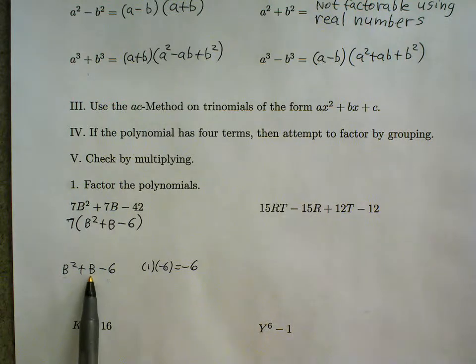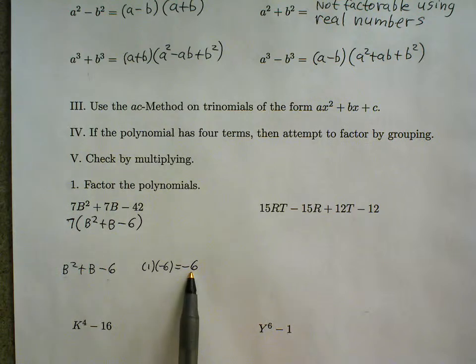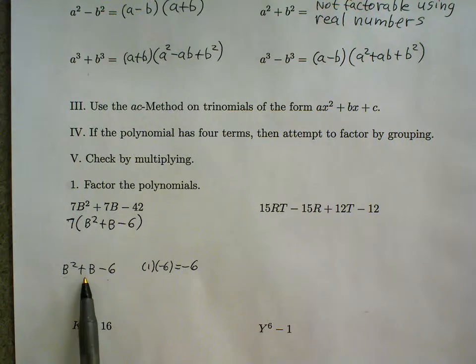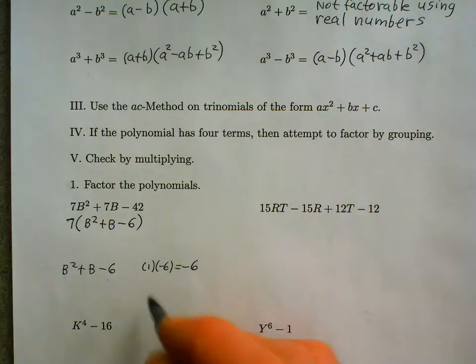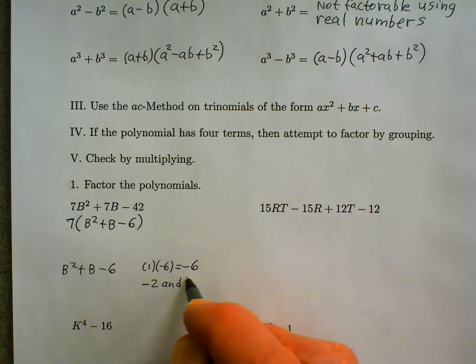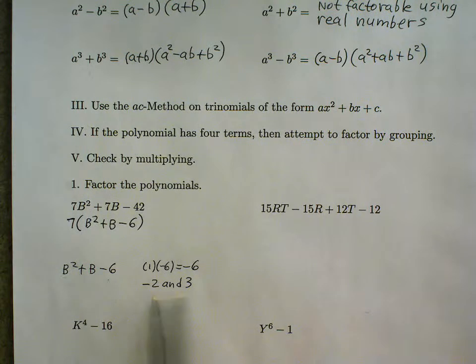The coefficient of b is 1, so we want to find two integers that have a product of negative 6 and a sum of positive 1. It doesn't take too long to find negative 2 and 3. Negative 2 times 3 is negative 6, and negative 2 plus 3 is 1. So this can be factored.